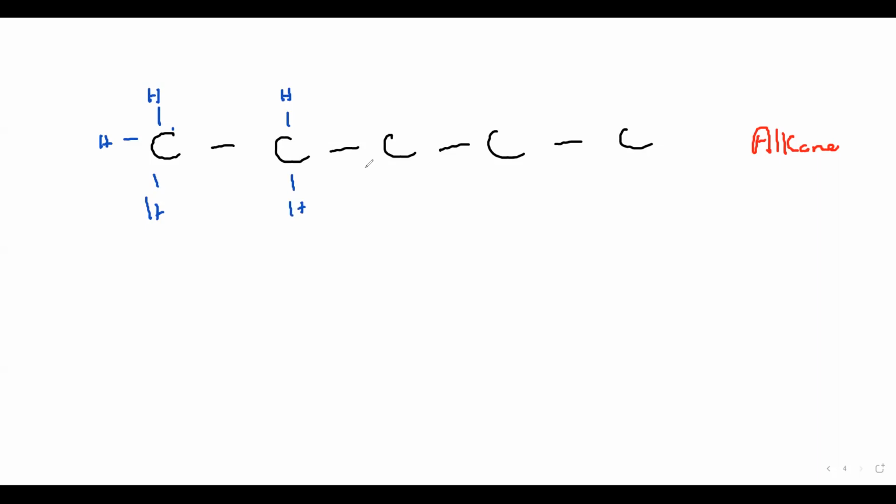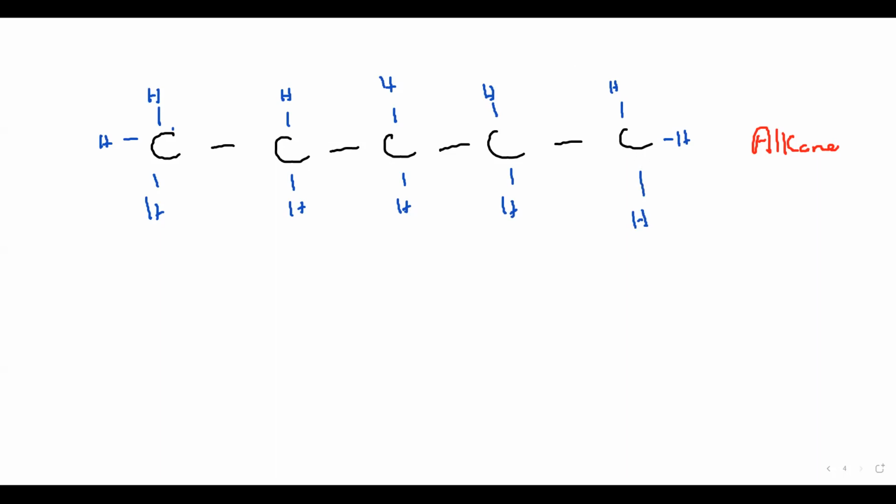Next to that, two as well. Then next to that is also two. And the last one on the right hand side will have three. So this is how we completed the structure.